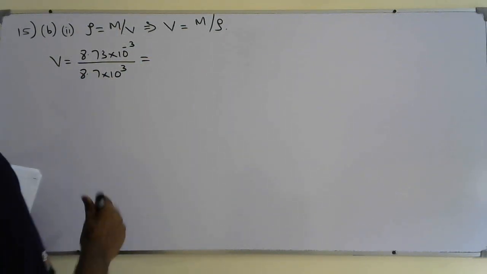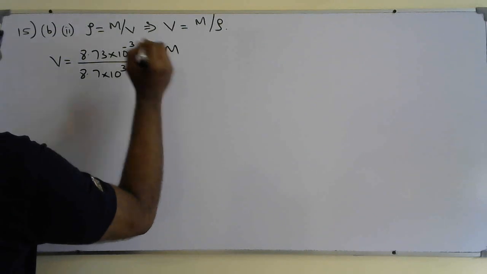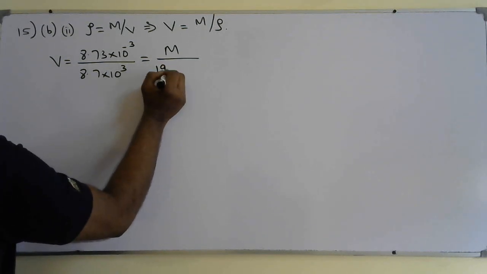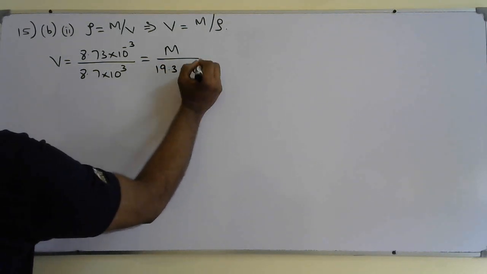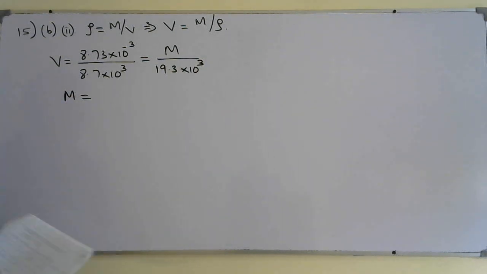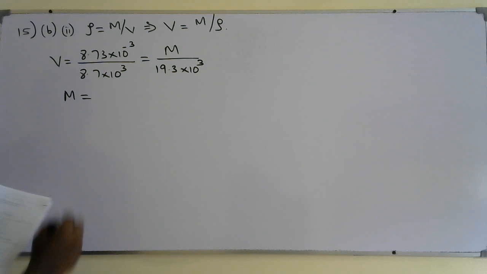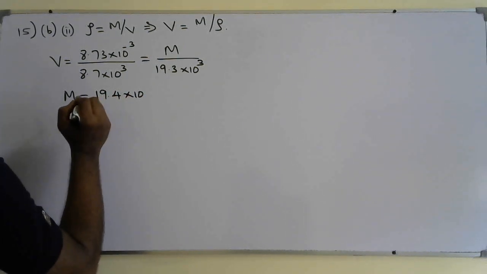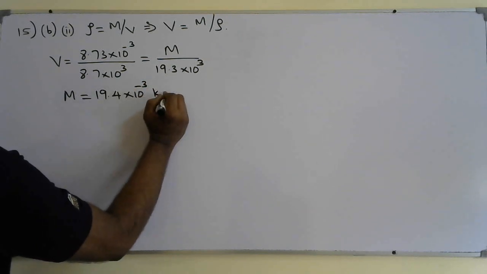That is same as volume of the gold. We need to find the mass of the gold divided by the density of the gold, 19.3 × 10^3. So from this we will find the mass of the gold in the cylinder. That is going to be 19.4 × 10^-3 kilogram.